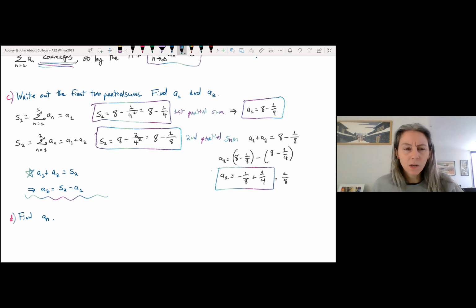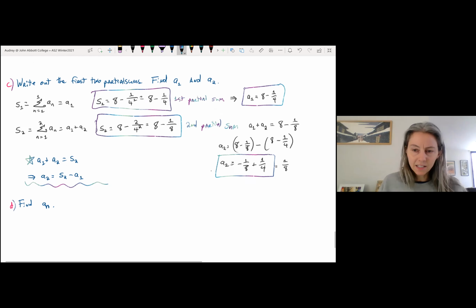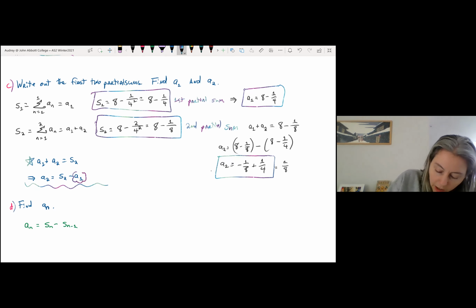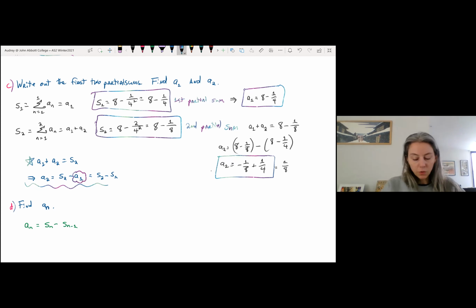So we can conclude here that a sub n is going to be equal to S sub n minus S sub n minus 1. This a sub 1 right here is S sub 1, so this is like S sub 2 minus S sub 1. And that actually continues on forever. So a sub n itself will just be S sub n minus S sub n minus 1.